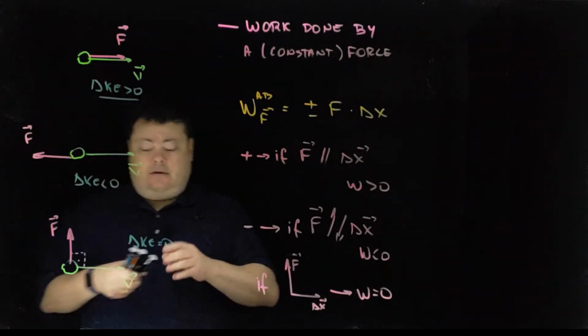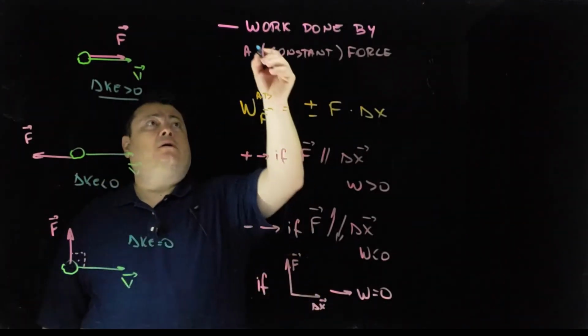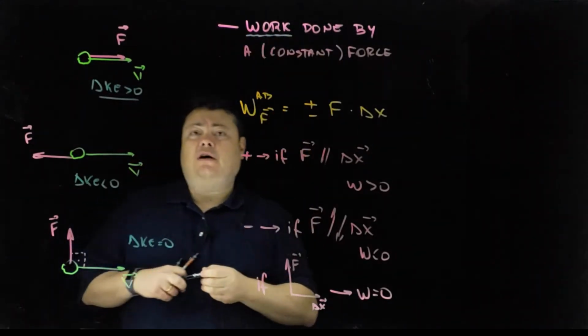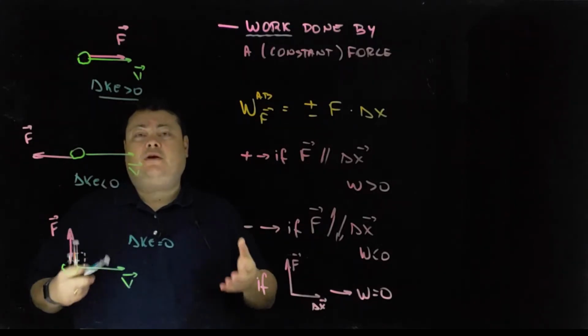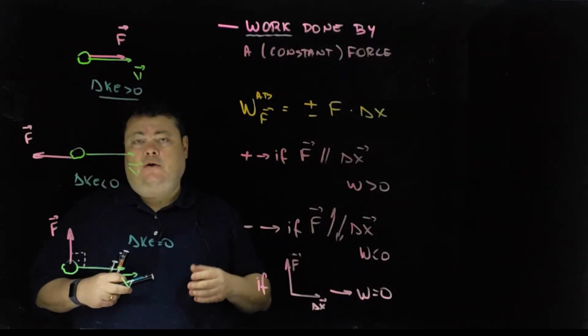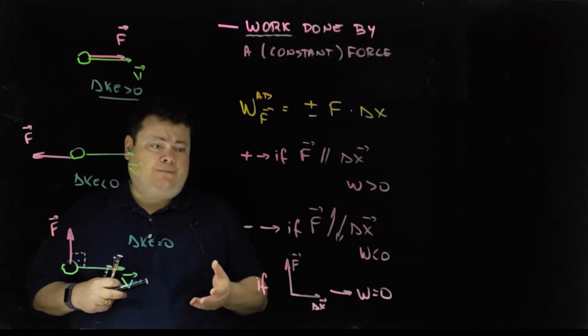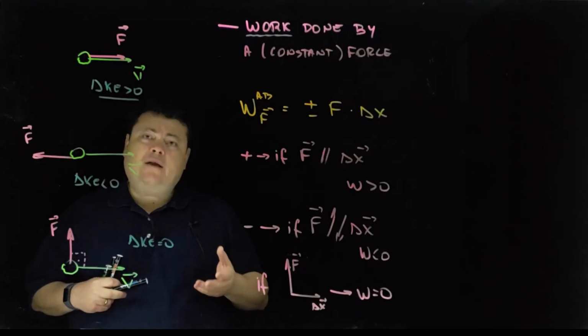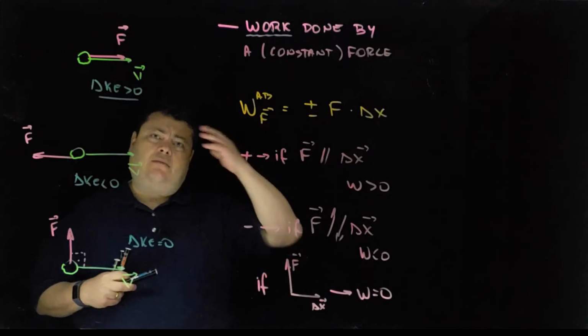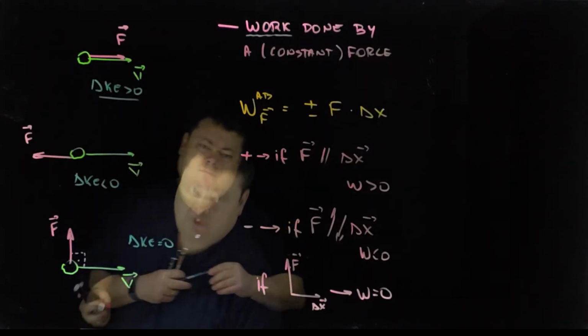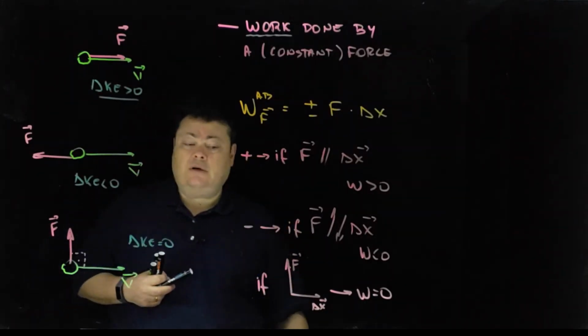Now I find this name here, work, perhaps one of the most unfortunate examples of names that we gave to things. Reason is this here. When we say that something was a lot of work, what idea comes to our mind? We could just do this here.